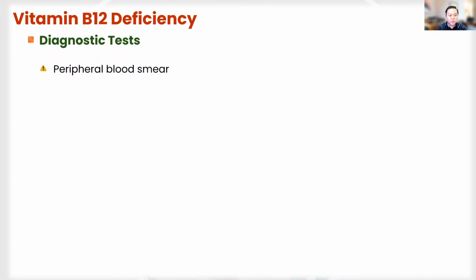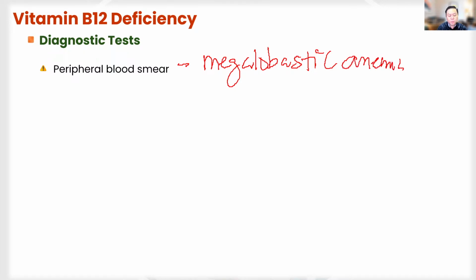So this will reveal megaloblastic anemia. Okay. And this is what we refer to as the macrocytic anemia. So the red blood cells are actually huge, larger than normal, but they have abnormal shape.